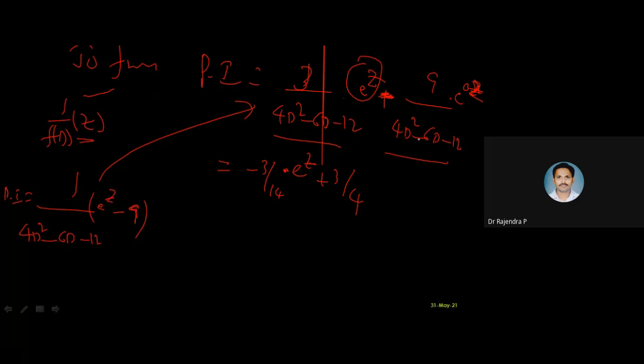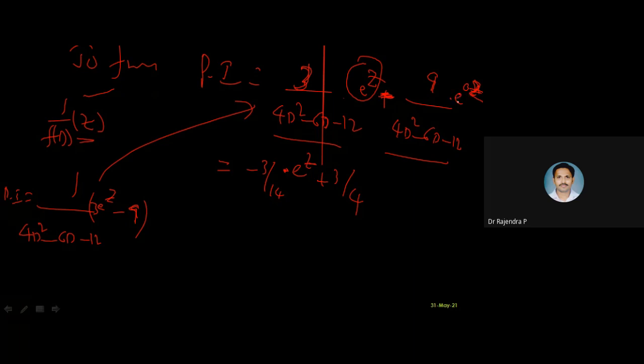When I multiply, I will get two terms. One is 3 into e power z. Another one is minus 9 times this whole term. So 3 is a constant. The coefficient of z, that is 1, I am substituting in the polynomial here, so I will get minus 14 there. Here, when you have a 9, there is no exponential function.